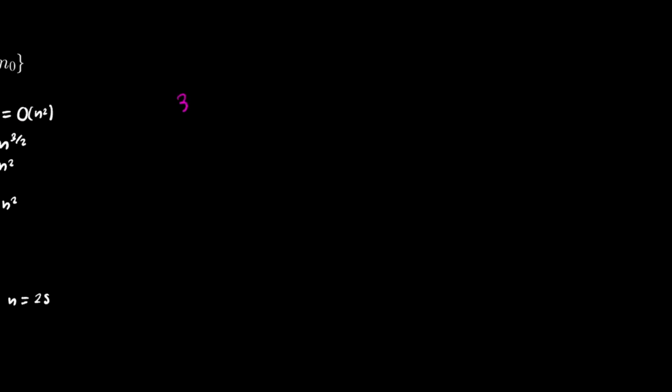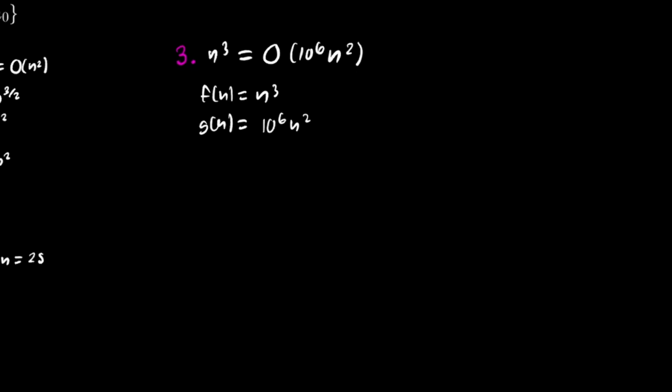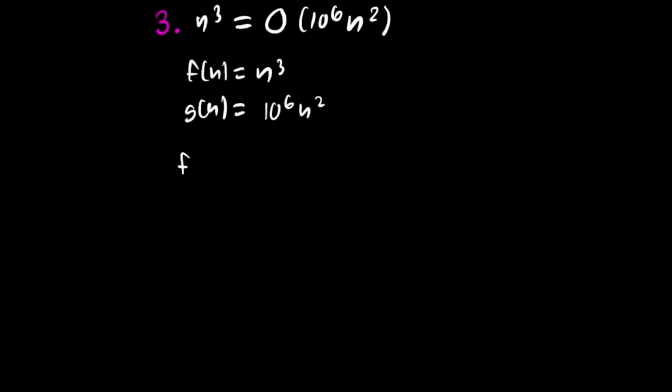Let's take n cubed is equal to O of 10 to the 6th times n squared, right? So f of n is n cubed. g of n is going to be 10 to the 6th times n squared. We're going to do the same work here.